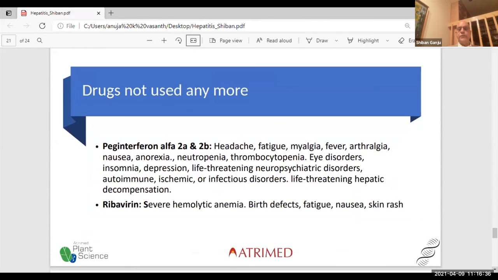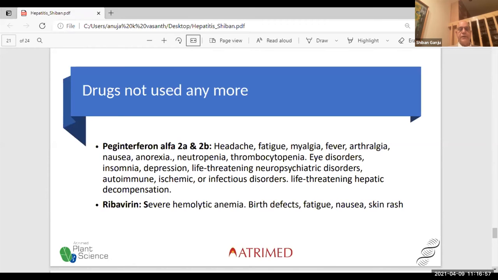Now, drugs not used anymore. We stopped using these drugs maybe just about 10 years ago or so. The first drugs in this armamentarium were PEG interferon alpha, the alpha 2 and beta interferons that we used, and ribavirin, which is an antiviral drug.